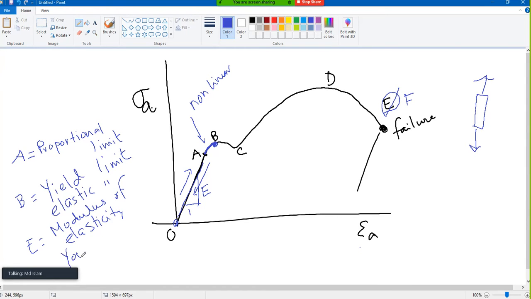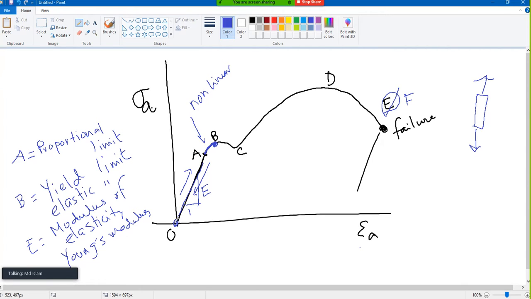Sometimes we call it Young's modulus. Why Young's modulus? Because the scientist Young defined this term, so we call it Young's modulus. If in your FE exam the question asks what Young's modulus is, the answer is the slope of the stress-strain curve in the linear portion, or within the proportional limit, or the initial slope.